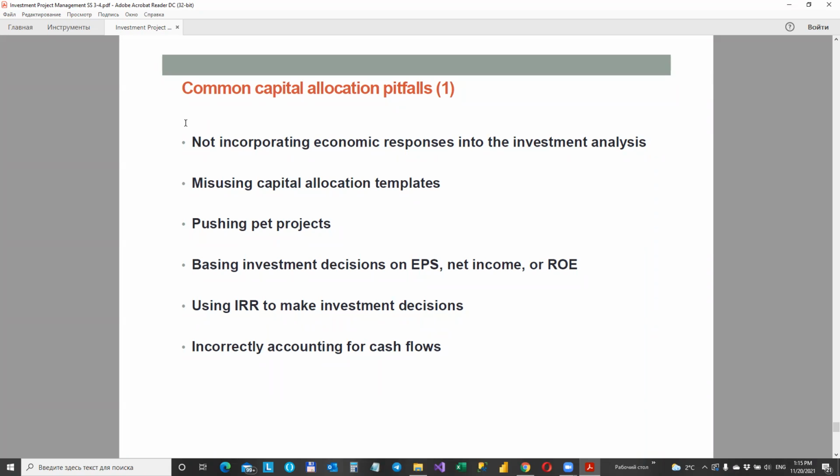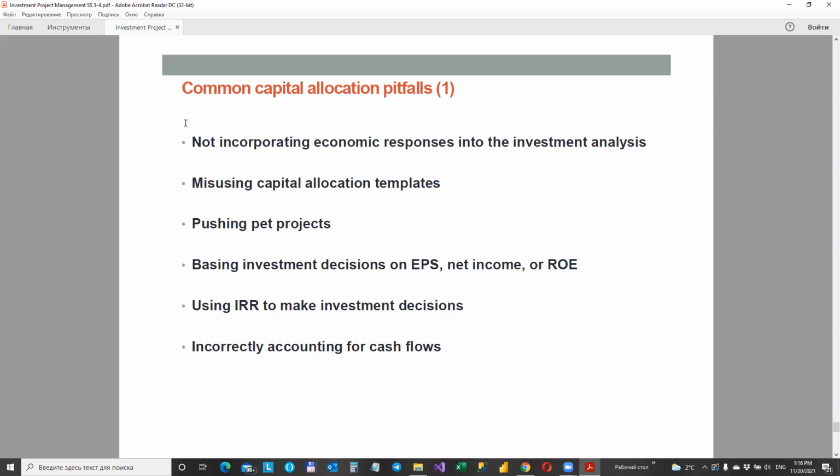So please be aware of this, even if you use an already pre-developed template for a project. Please consider whether the structure of the inputs and the calculations are correct, and the outputs are relevant to the purpose of your investment analysis.